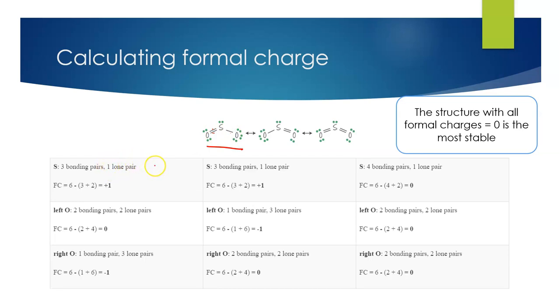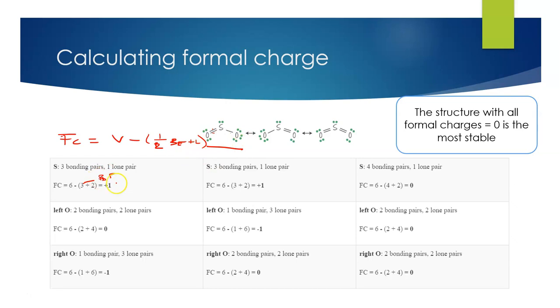So substituting into our formula, which was formal charge is equal to the valence electrons minus half the bonding electrons plus the lone pairs, we end up with 6 valence electrons, minus we have 6 bonding electrons. Essentially, this can be bonding pairs. If you count the bonding pairs, what you're doing is counting half the bonding electrons.